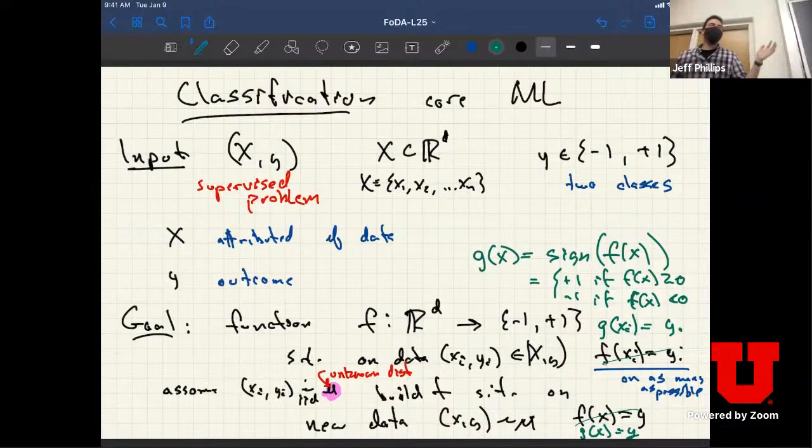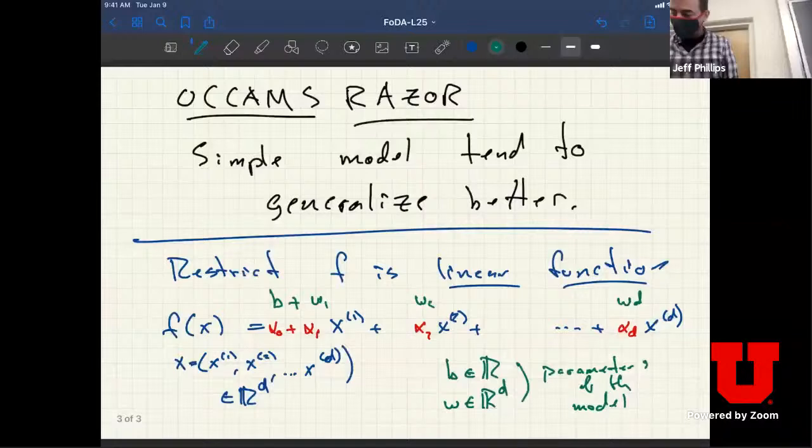I'm not predicting a scalar value, I'm predicting one of these 2 classes, a -1 or +1. So I'll start with the scalar value and then I'll round it to -1 or +1. This will lead to some difficulties we'll see. So I have a linear function f, but then I'm going to take the sign of this linear function.